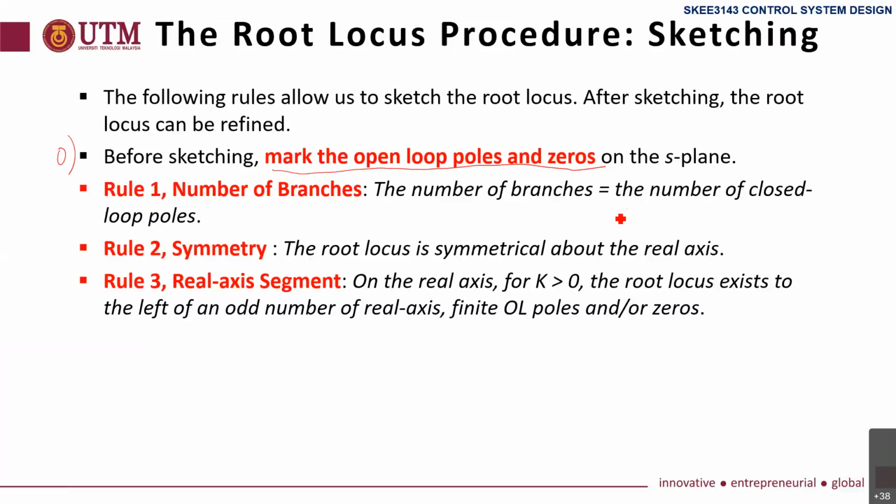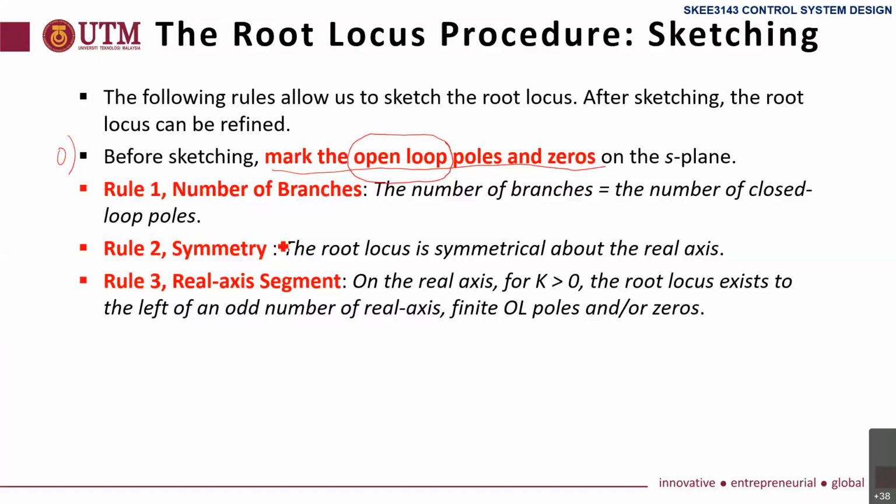That means to use a small circle and cross for poles and zeros. Remember, the one that we will consider is the open loop. So it will be easier for us. We start with open loop, then the root locus will show us the closed loop poles.